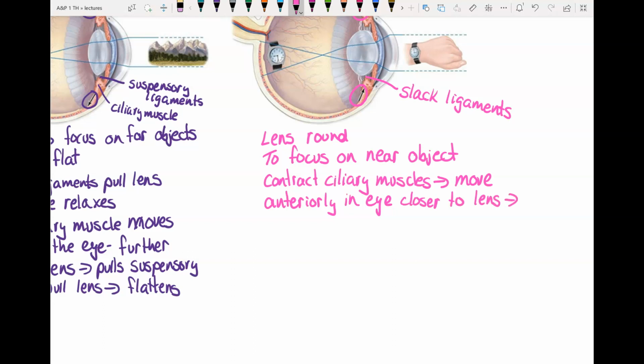Well, since they're close to the lens, those ligaments go slack. So there is no pressure being applied to the lens.